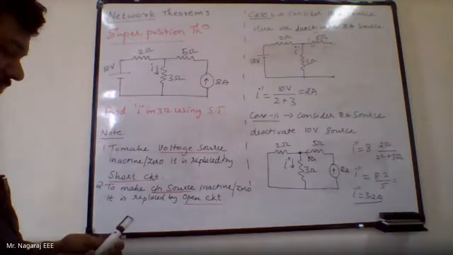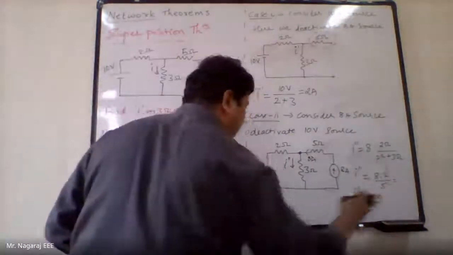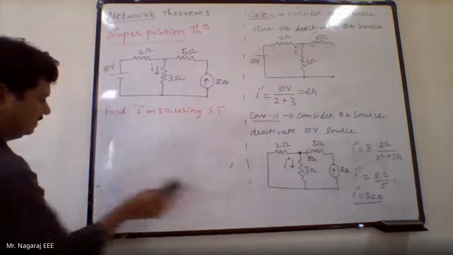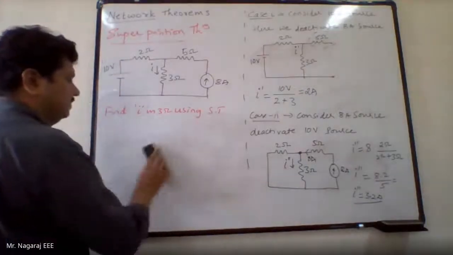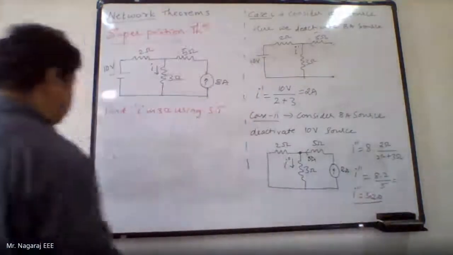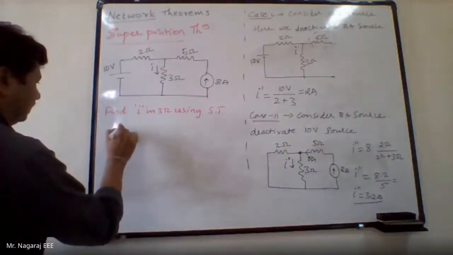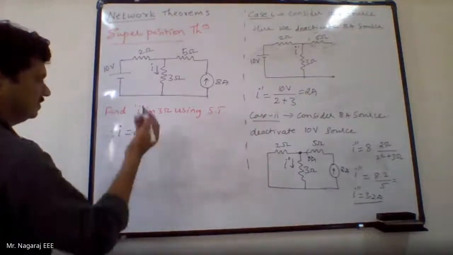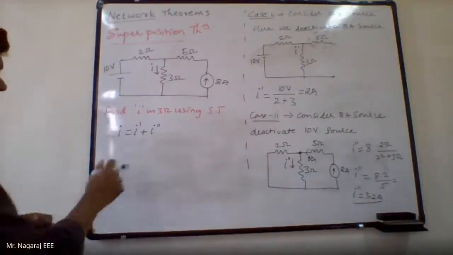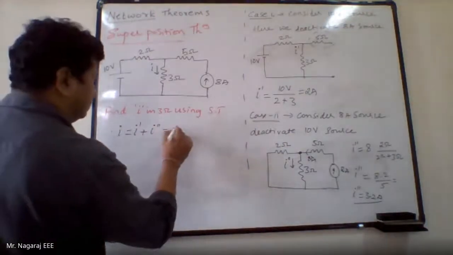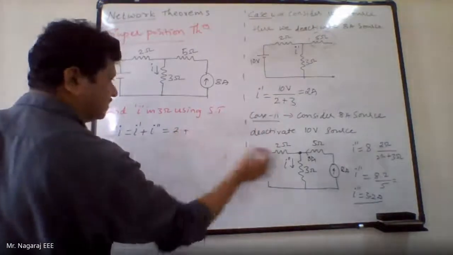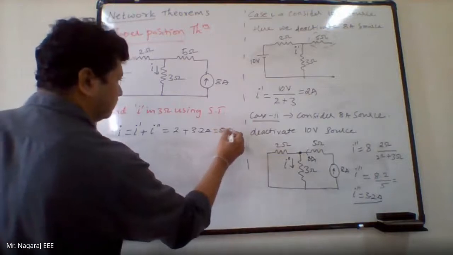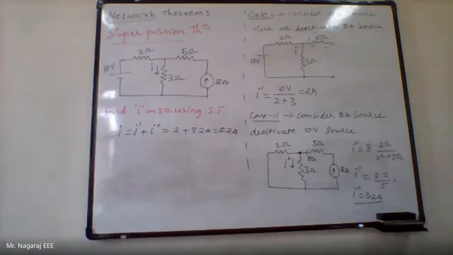Now what is the total current in the 3 ohm? Therefore, I is equal to I dash plus I double dash. Simple. So this is I dash, 2 amps, plus 3.2 amps. This is 5.2 amps.